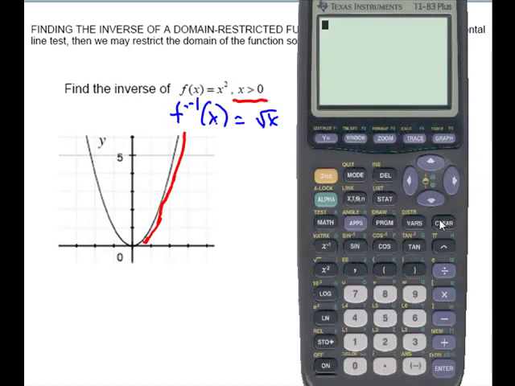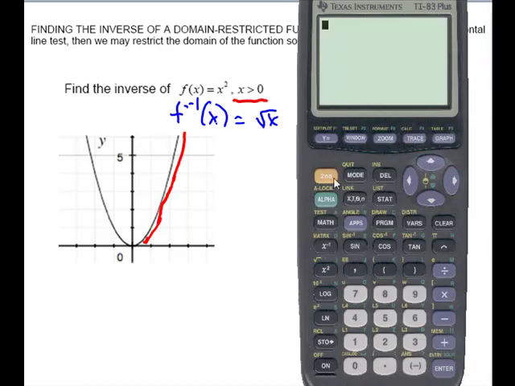I want to put these into our graphing calculator so that we can verify the graph flips across the line y equals x, and also we can look at the table and see that the x's and the y's switch. So the range and the domain switch.